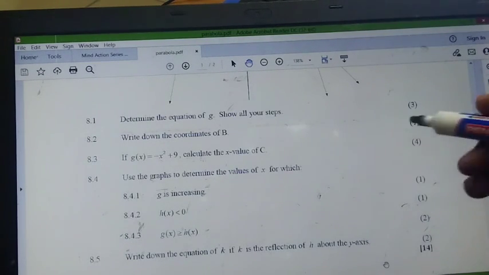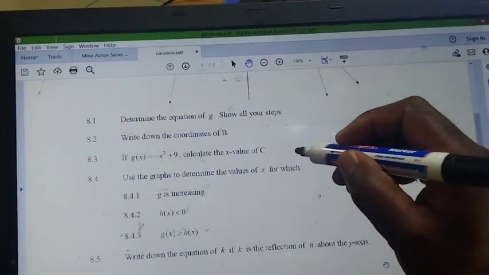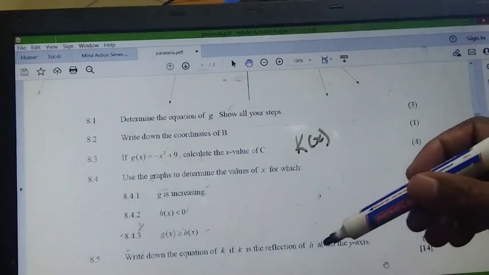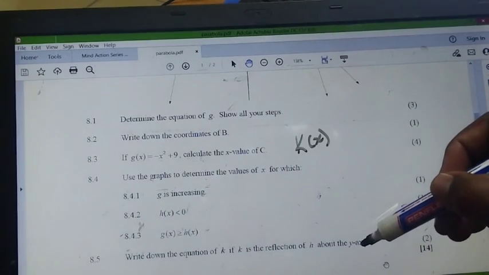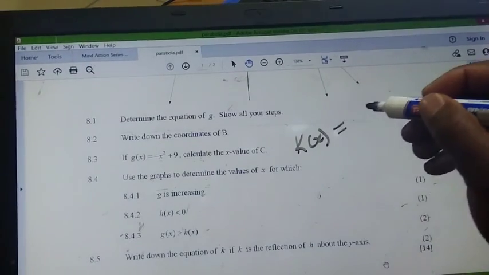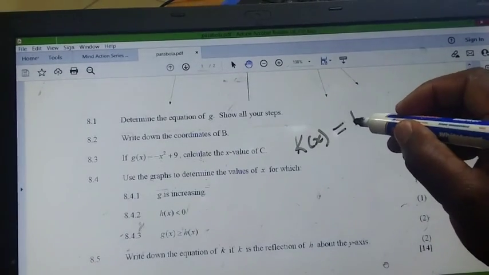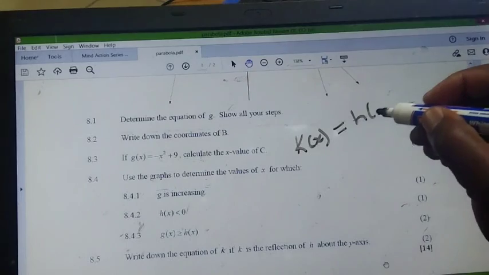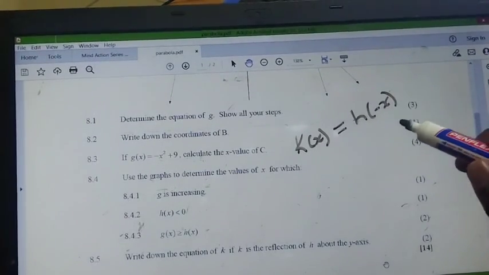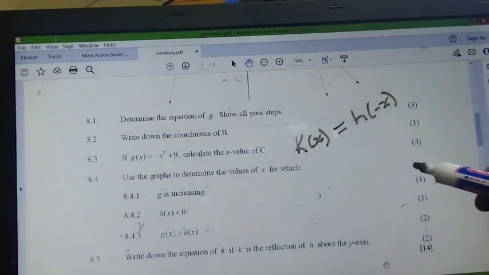So we understand that if k of x is a reflection of h about the y-axis, the x-coordinate is what is affected, that is multiplied by negative.